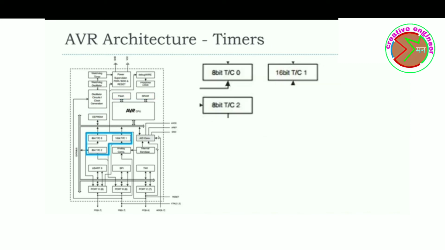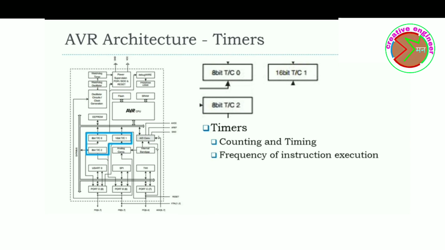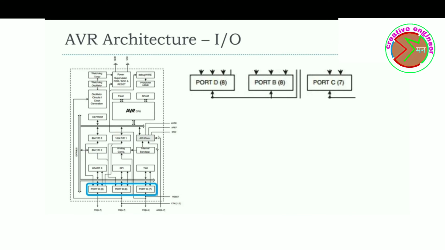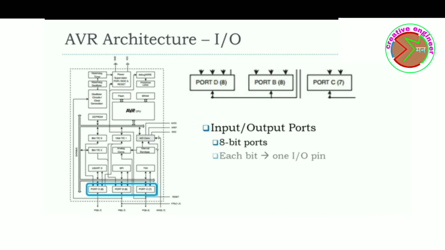Timers and counters are very important components in a microcontroller. These set the frequency at which the instructions will be executed, interrupts are generated, and also the frequency of pulse-width modulation signals. The input/output ports are essential to interact with external peripherals. These are primarily 8-bit ports, with each bit corresponding to one I/O pin. The pins are digital in nature.